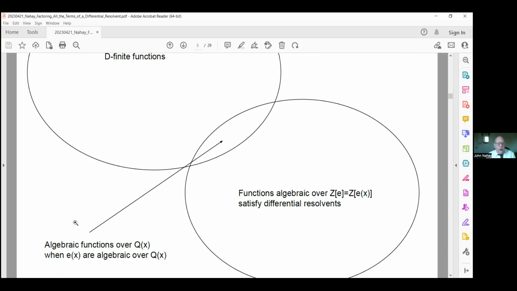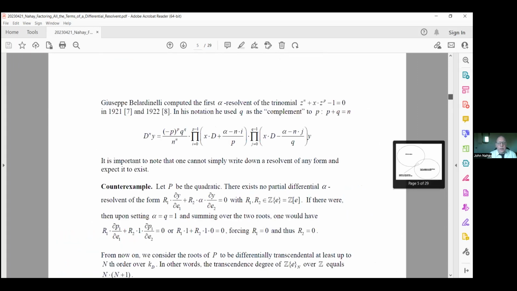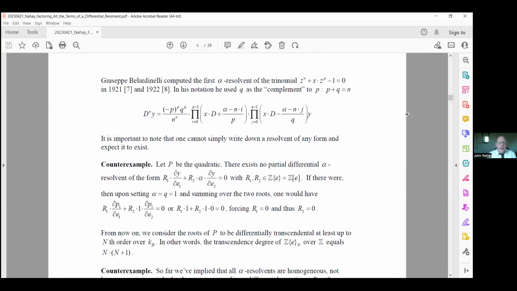And when those e's are themselves algebraic functions of x, then in that overlap are functions that are d-finite and satisfy differential resolvents. Giuseppe Bellardinelli computed the first alpha resolvent, so for arbitrary powers of the trinomial, in 1921 and 1922, and this is what it looks like.